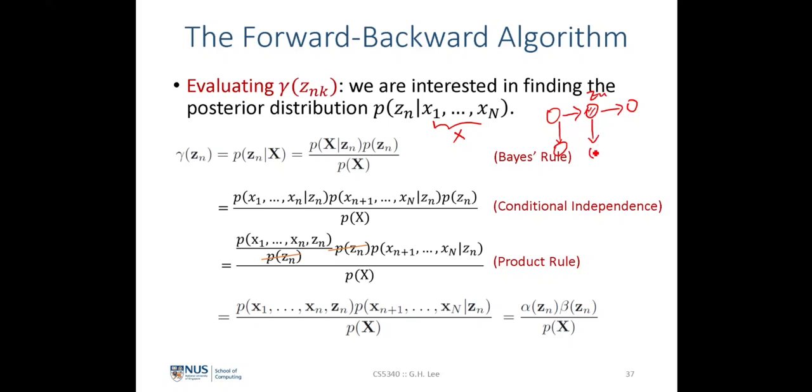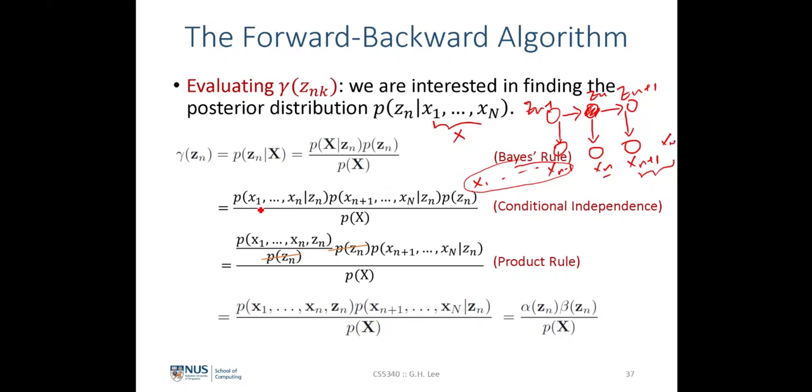Once we have observed Zn, all the x that precede Zn become d-separated from xn and xn plus 1 all the way to x capital N over here. Since we observe Zn, this bunch of random variables is decoupled from xn, as well as all the other random variables from xn plus 1 all the way to x capital N.